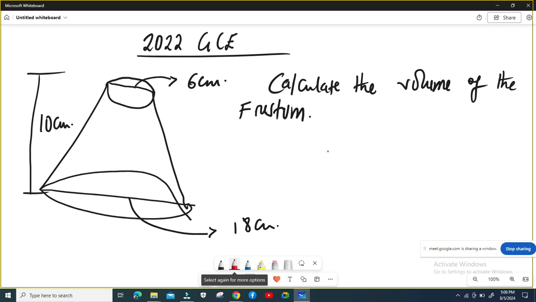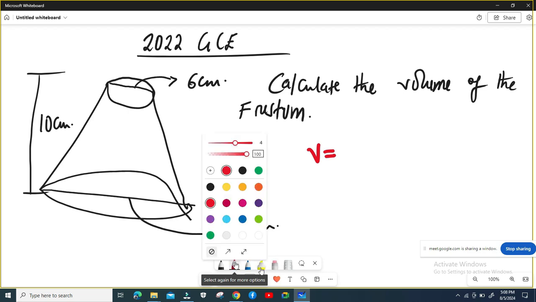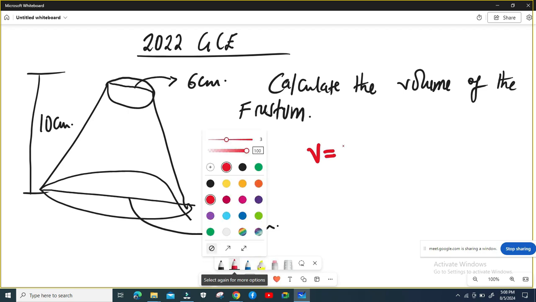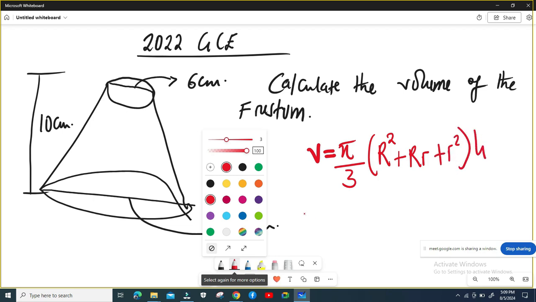The formula I shared in the group was: volume is equal to pi over 3, open bracket, capital R squared plus capital R times small r, plus small r squared, close brackets, and then h.